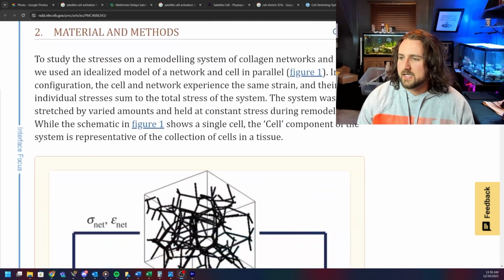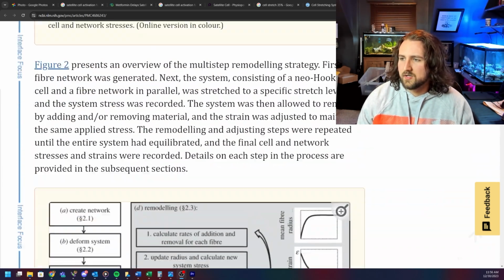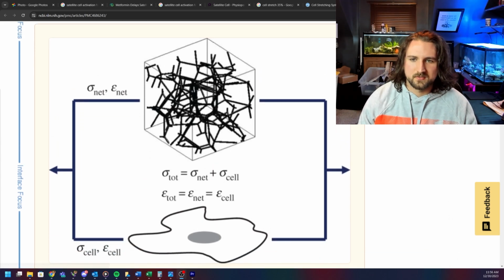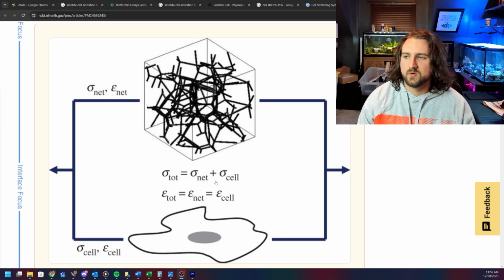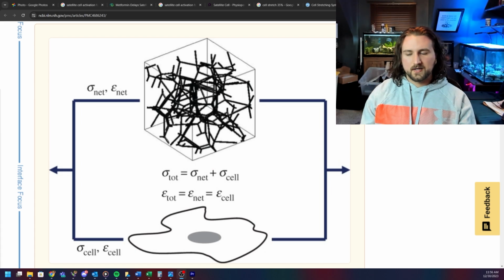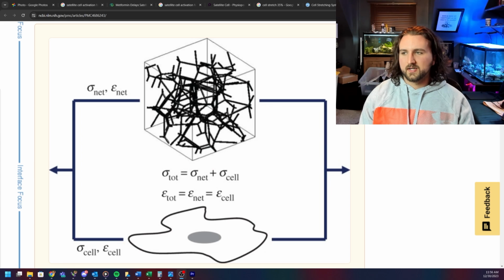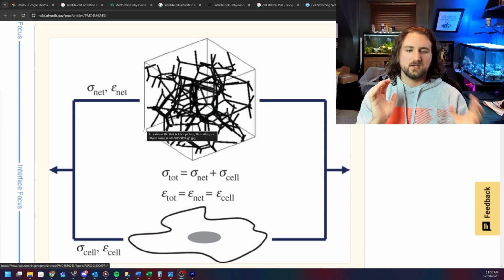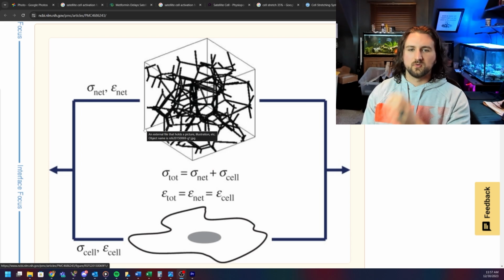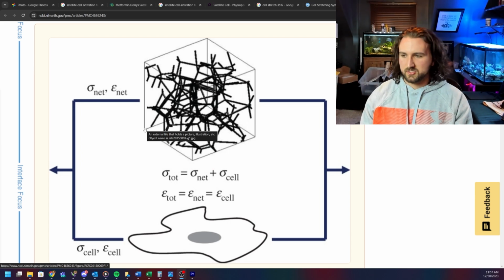Basically, they figured out that the stress is going to obviously be divided up into the collagen network, the ECM, and the cells. And what that means for us, or what that means in general, is that depending on how the stress is applied to the tissues will change how the response happens in the tissues.